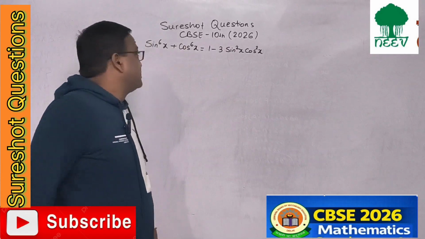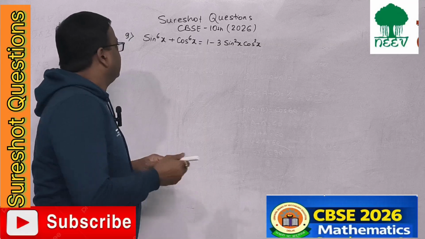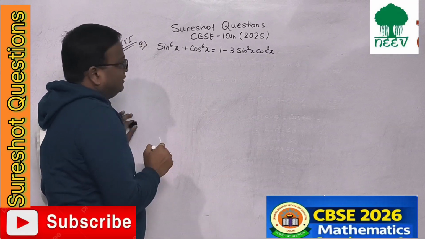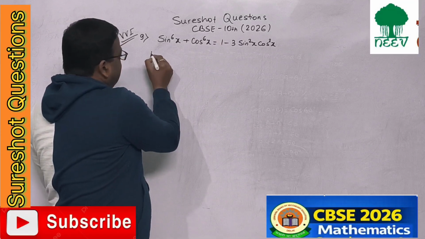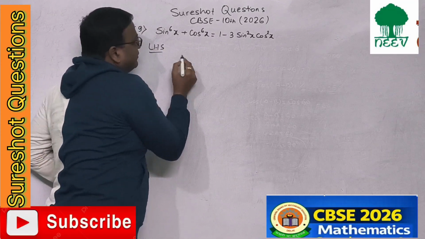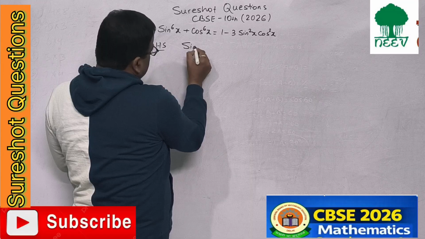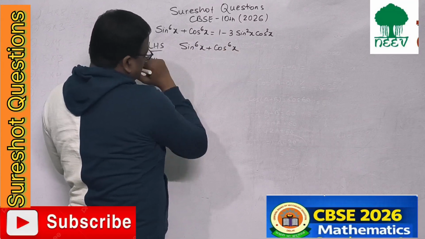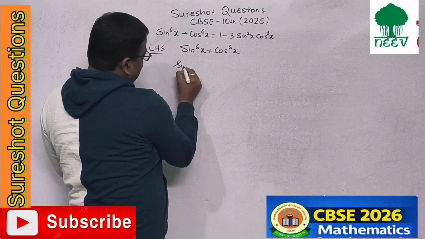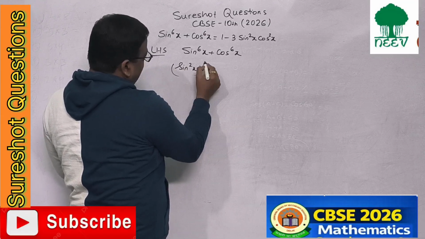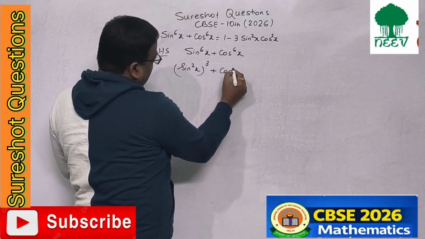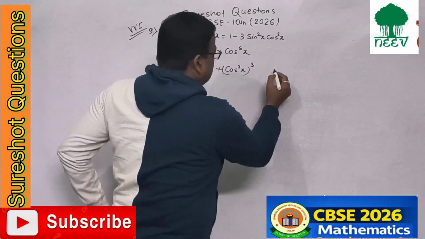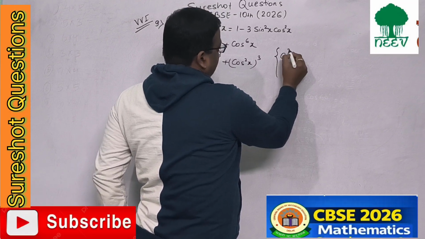So here comes question number 9. This is very important. Okay, let's start from LHS. It is sin 6x plus cos 6x. Let's rewrite it as (sin square x) cube plus (cos square x) cube. Now it is a cube plus b cube. What's the formula for a cube plus b cube?